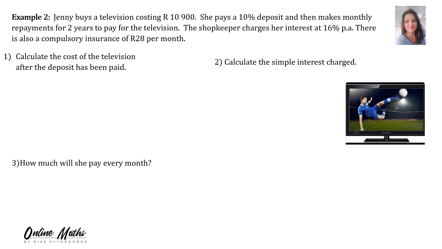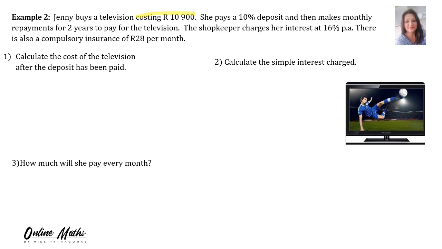Example 2. Now, just before I do the example, I just want to show you that as you read through your example, you must highlight the important information. So Jenny buys a television costing 10,900 Rand. So therefore the cost is 10,900.